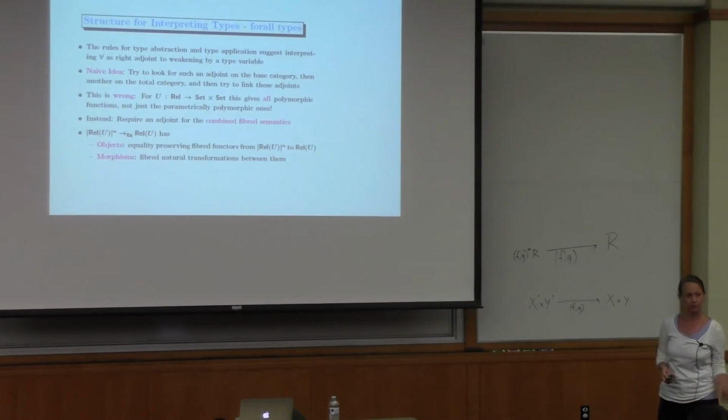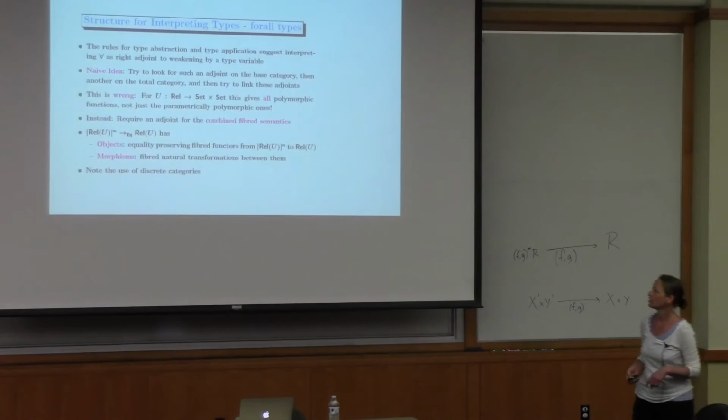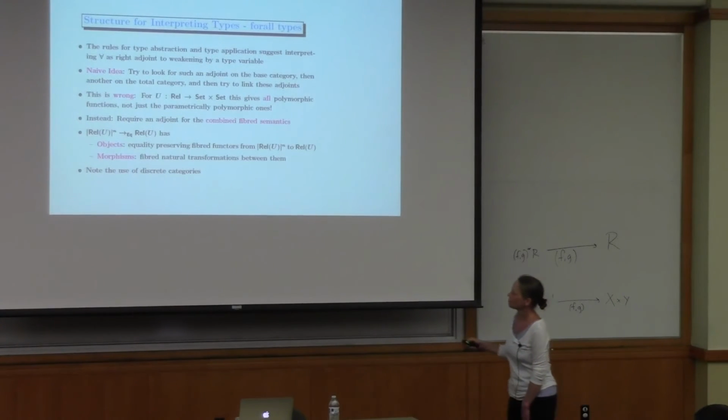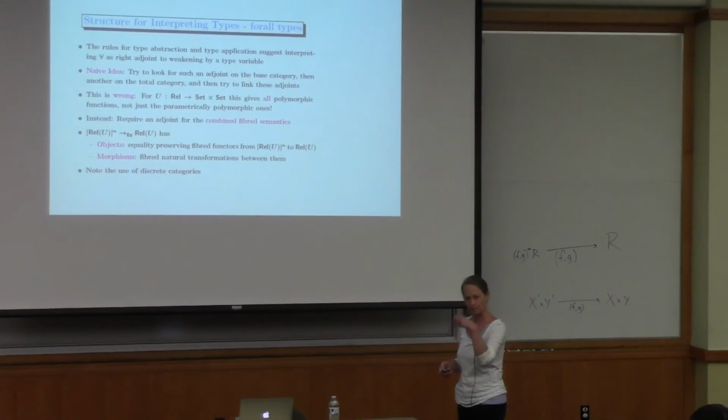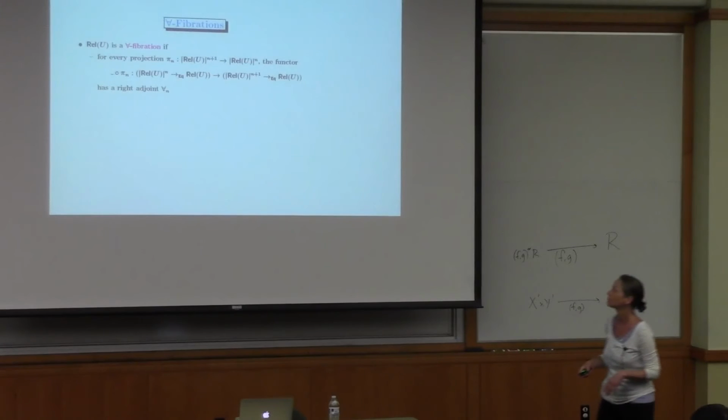Okay. And that's where I'm going to interpret my for alls. And we'll pause for a moment and again notice that I've got discrete categories there because Reynolds construction never said anything about morphisms, right? It's the same reason that it's been all along.